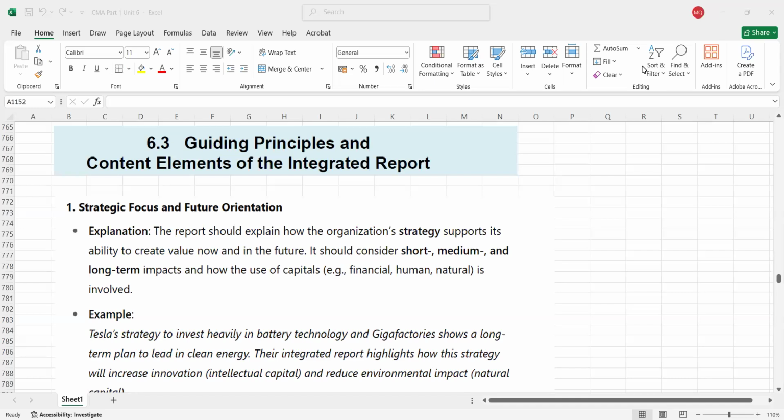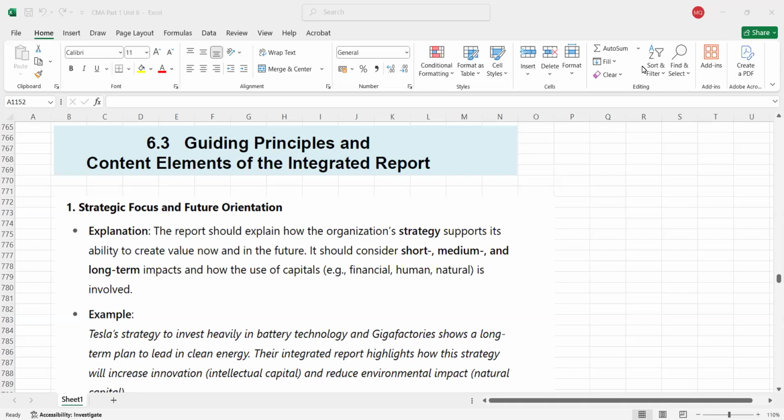It is about physical objects like buildings, infrastructure, and equipment. The third capital was intellectual capital, which is about knowledge-based assets like patents, systems, and procedures. Then the fourth capital was human capital. It's about people's competencies, capabilities, and experience.